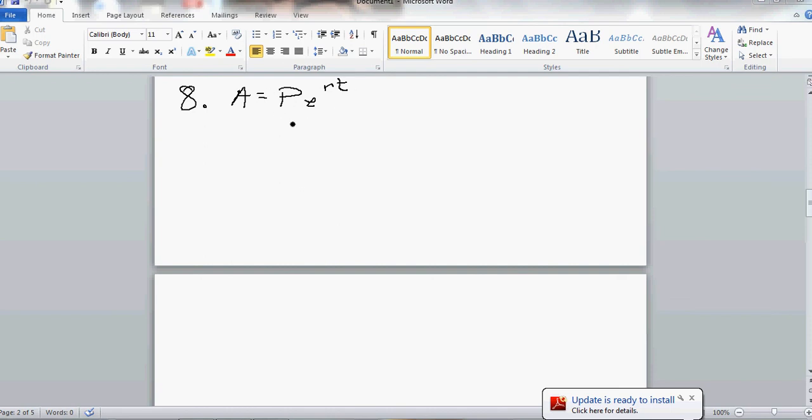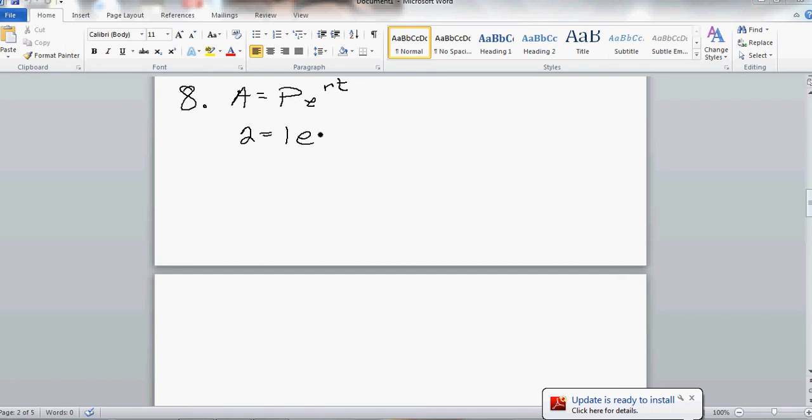Remember, this is the formula for the continuous thing. And so we have a certain amount. For simplicity, let's say we've got $1 and we want to know when will it double. So when will it become $2?